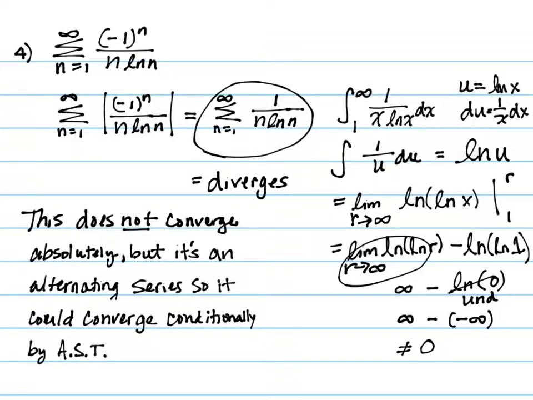So that's the one we need to go back to next. Okay, well, it doesn't converge absolutely. That would have been very nice, and it didn't work. So now we got to go back and see if it maybe converges conditionally by checking it out just as an alternating series as its standalone piece.